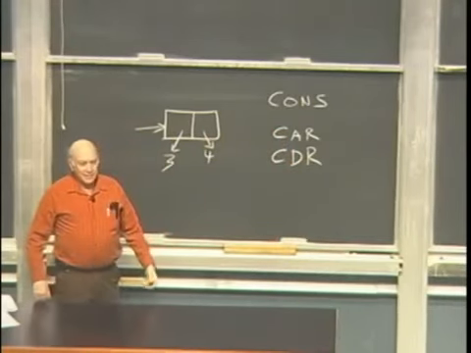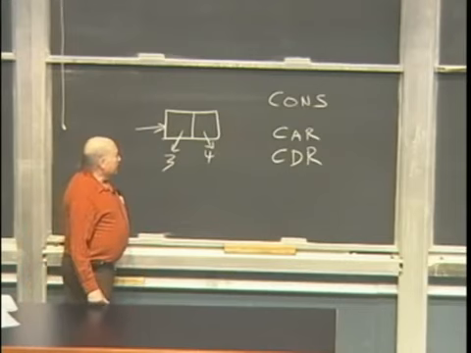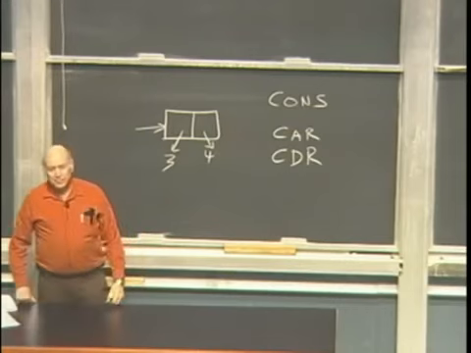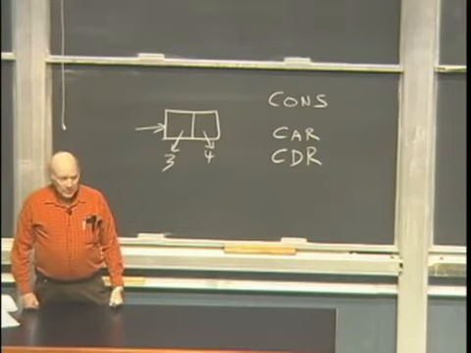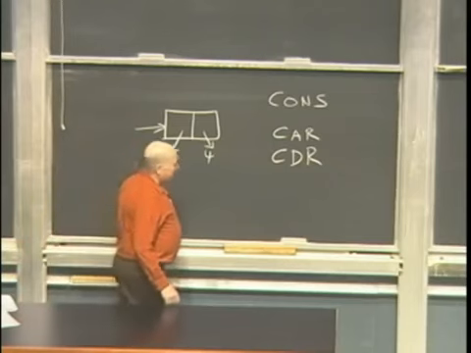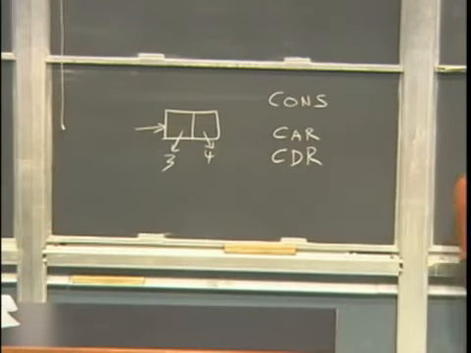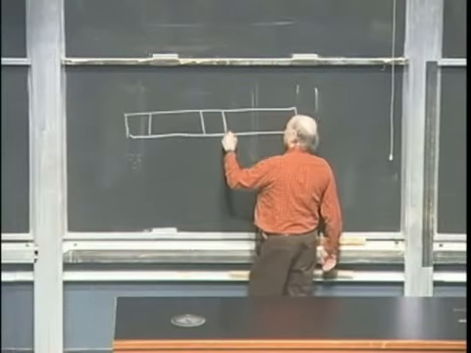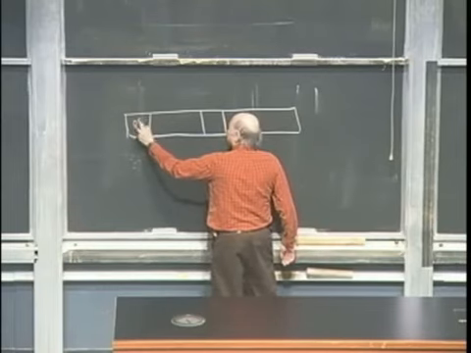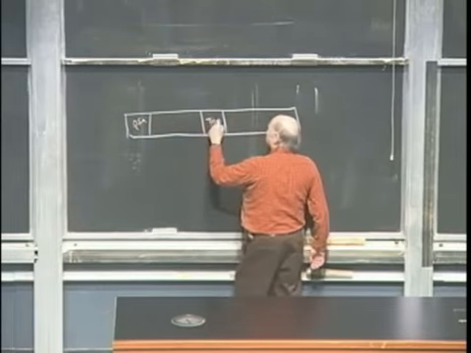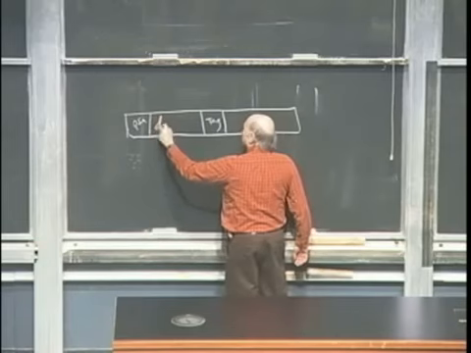Why are they called that? You want to know. Well, the very first implementation of Lisp was on the IBM 704, I think, computer, which had a register that was divided into pieces. It had a little piece, and then a big piece, and then a little piece, and then a big piece. And the little ones were called the prefix and the tag, which you don't have to worry about. And this one was called the decrement.